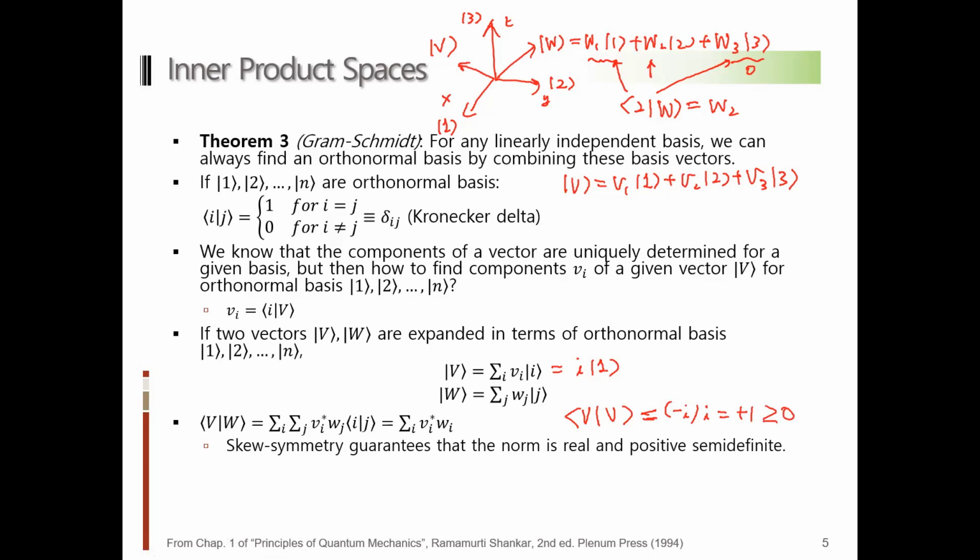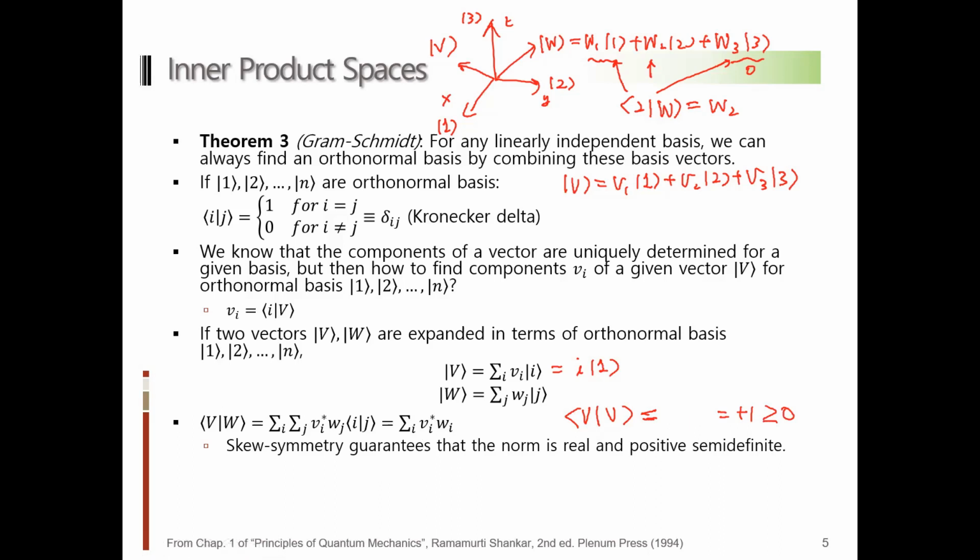However, if we didn't have the skew symmetry, then we won't have this complex conjugation for one of the factors in this product. That means that we won't have this minus sign in front of that.